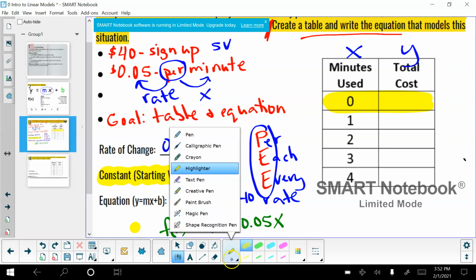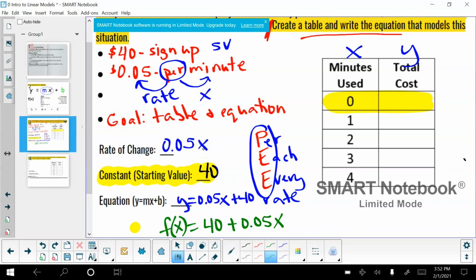But we've got to make sure that when we look at our table, that 40, when we place it, is right next to the 0 on the X. That indicates our starting value. If there's another number over here in the X, then we don't place the 40 by it. The 40 always goes by the 0, so we might have to adjust our table a little bit because the starting value always goes where the X is 0 because that's at the very start. You haven't used any minutes yet, but you still have to pay the $40 to sign up.